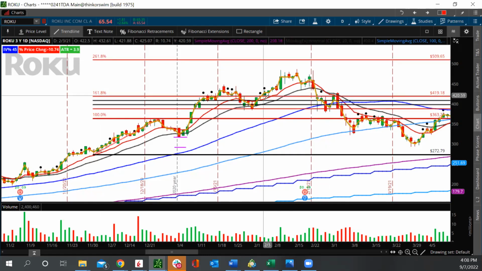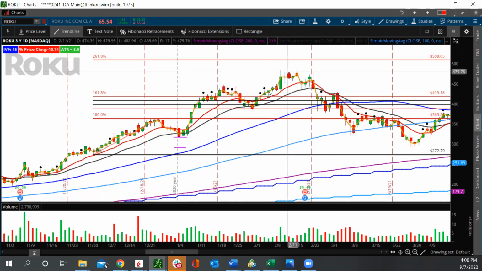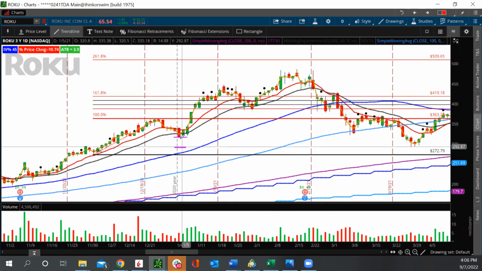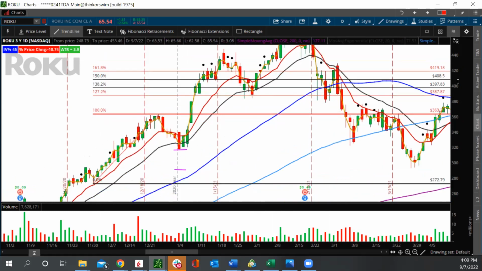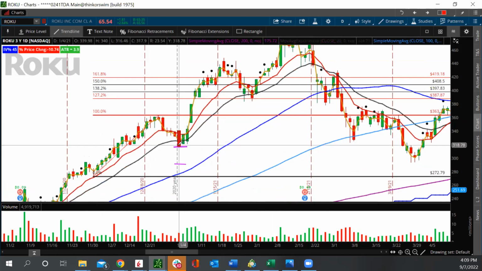Now, what could you have done here? Well, once you got above this 161.8, and look at this, I mean, how many R's is that? Like 3 or 4 R's up to here? I'm just eyeballing it. Let's say 1, 2, 3, maybe 4 R's, if that was your entry and your stop. And let's also look, what's interesting is we already put a fib on this level here, right? So from here to here, and this was back to the 50, right?